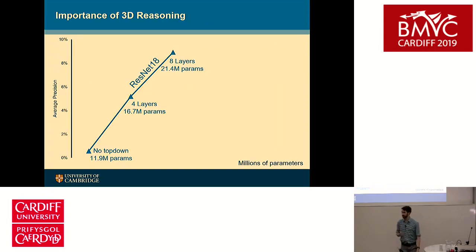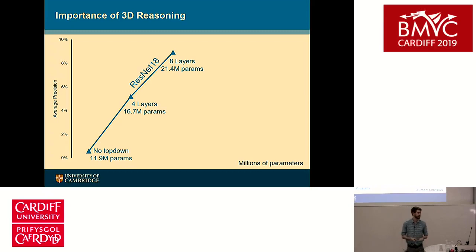The reason for this, we argue, is this top-down network. As I mentioned, we thought this ability to reason in 3D space rather than in image space is extremely important, because all of a sudden the distances in this 3D space become meaningful, and we can start to take 3D context into account.